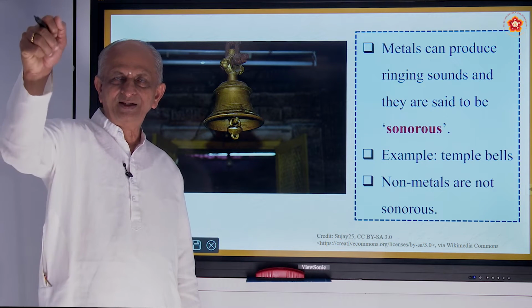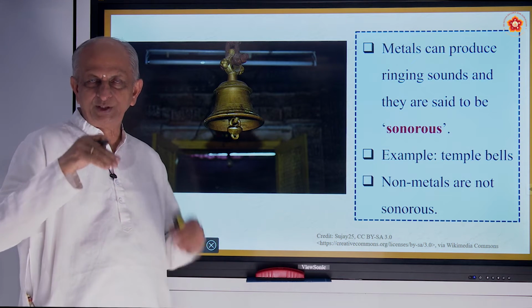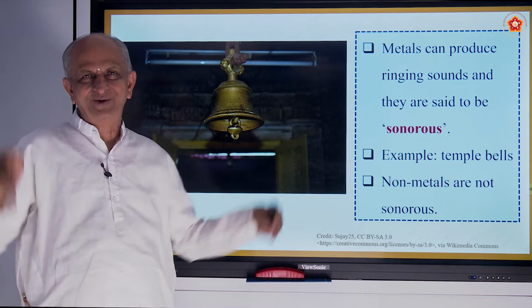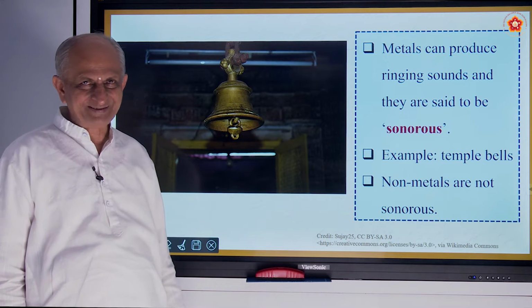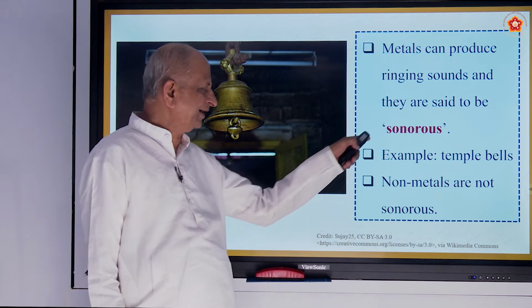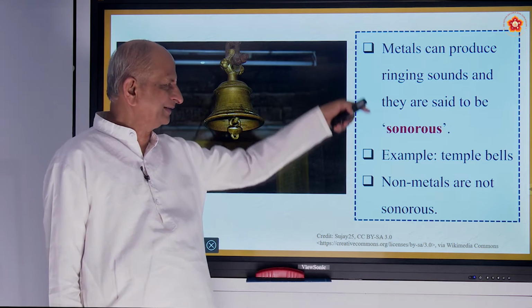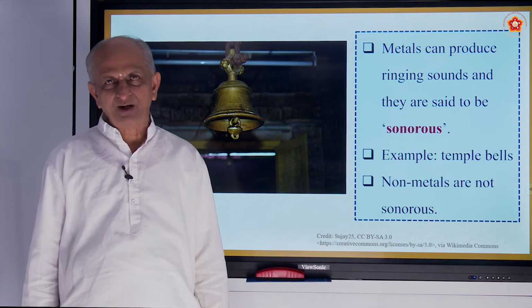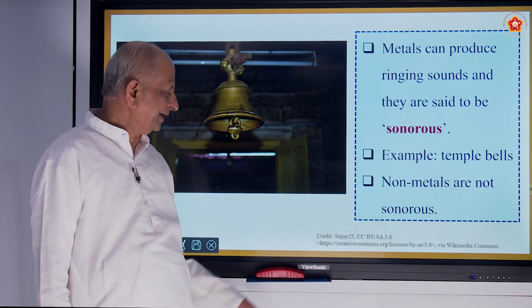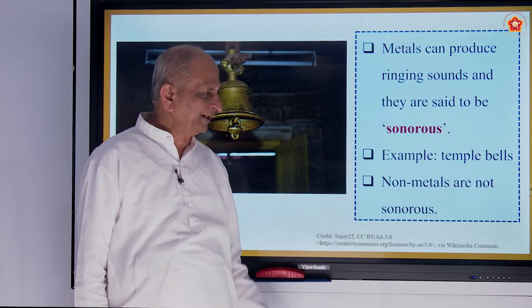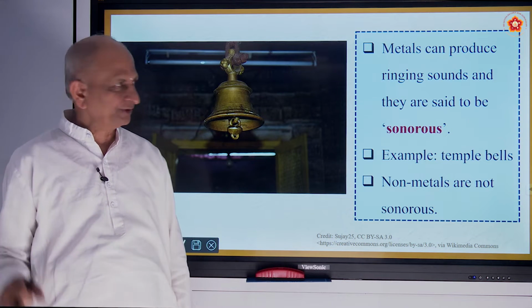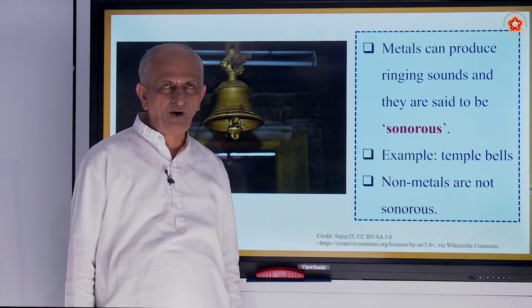And when a bell is hit like this, it gives a sound for some time, correct? That interesting property is called sonorosity. It can be seen only in metals like brass, bronze, etc. But you cannot see in the case of non-metals. So this is a very interesting property of metals.